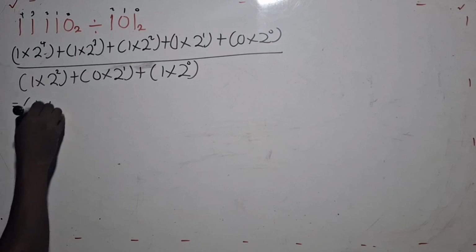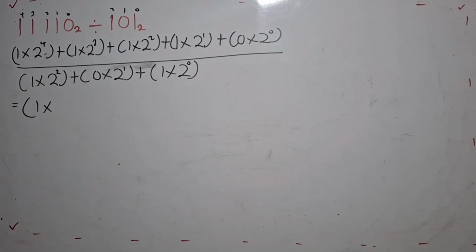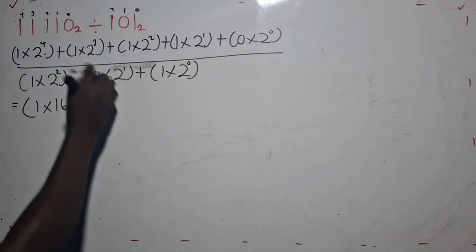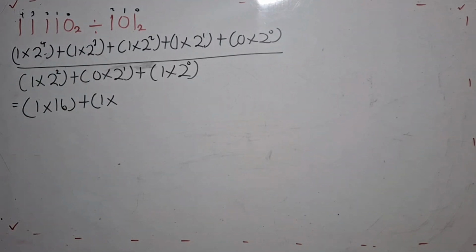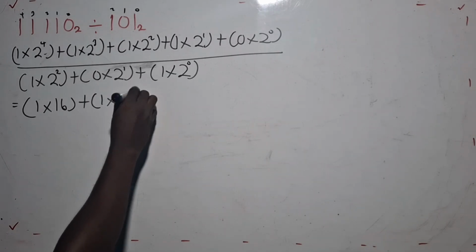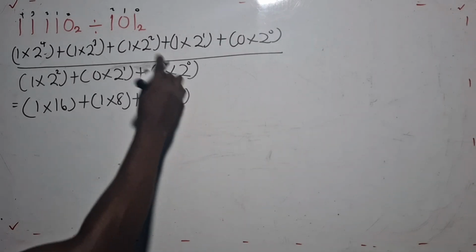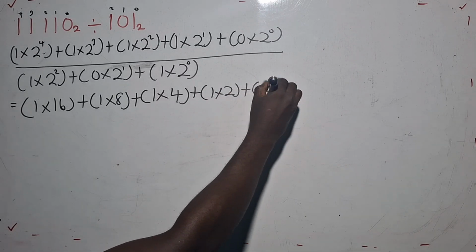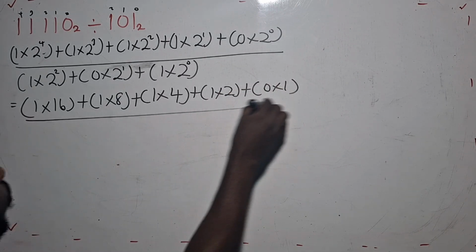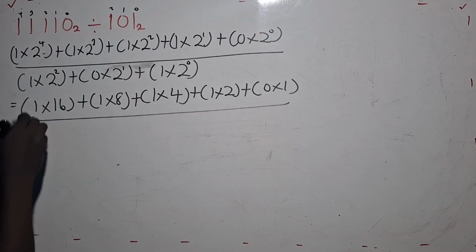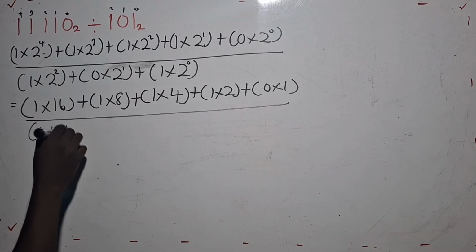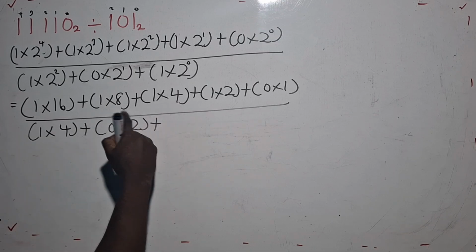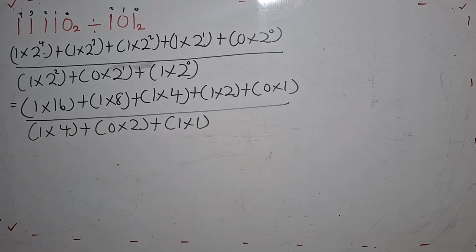So this will give me 1 times 2 raised to the power 4. It means 2 times 2 is 4, 4 times 2 is 8, 8 times 2 is 16. Plus 1 times 2 raised to the power 3, which is 8. Plus 1 times 4, plus 1 times 2, then plus 0 times 1. The down one will give me 1 times 4 plus 0 times 2 plus 1 times 1.